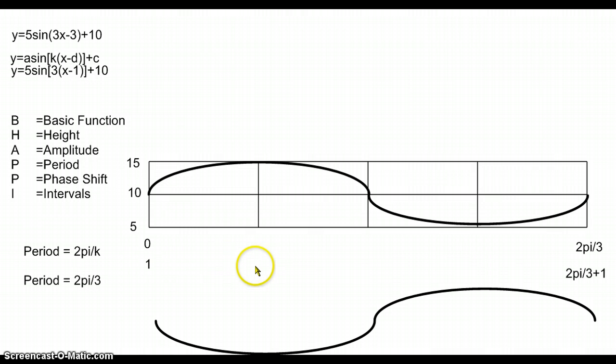So 1 plus 2 pi over 12, and then we add to it 2 pi over 12, 2 pi over 12, etc., until we reach eventually 2 pi over 3 plus 1.